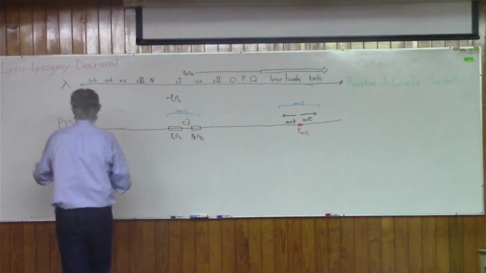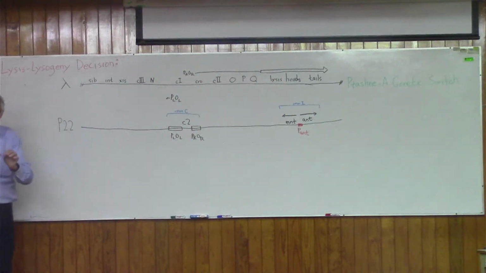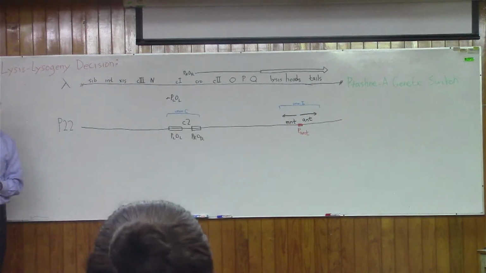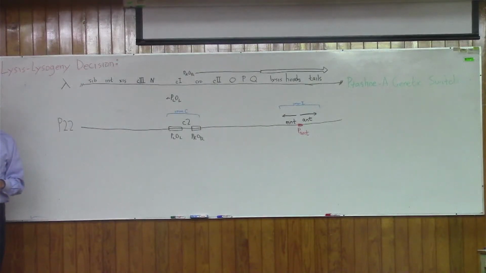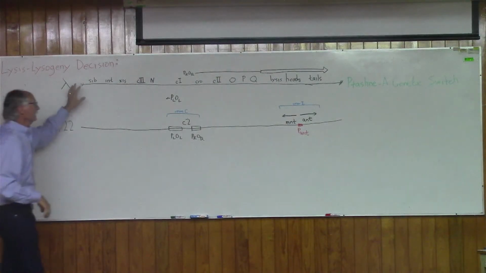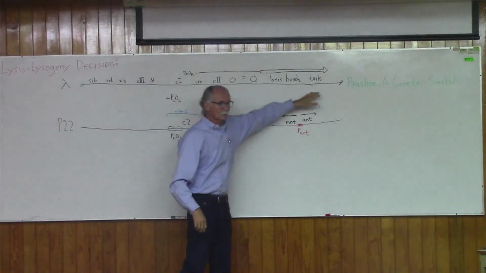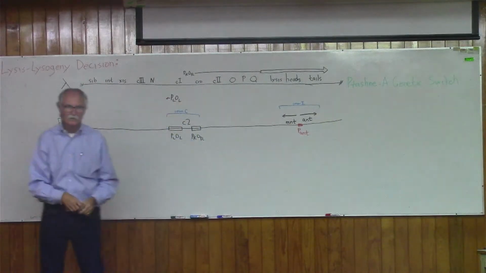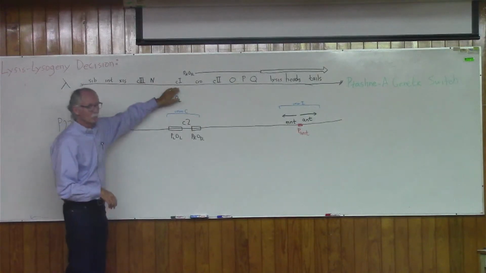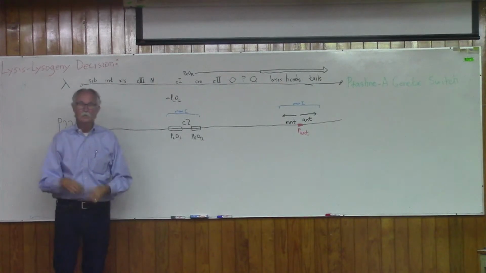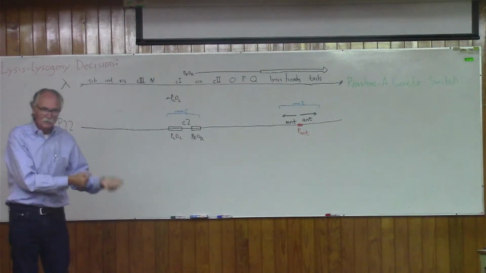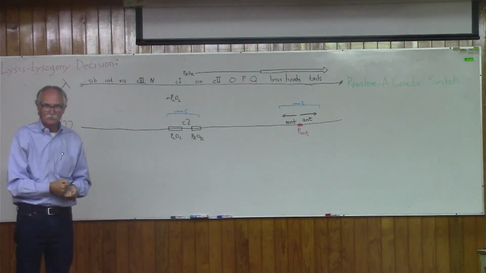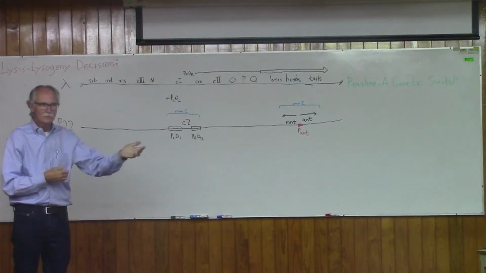The whole system relies on everything you know about the lysis-lysogeny decision of bacteriophage lambda. Everybody's heard of bacteriophage lambda. You remember in bacteriophage lambda there's a set of genes, some of them involved in producing new phage particles, but a series of them are important for the regulation of whether lambda becomes a lysogen and integrates into the chromosome, or whether it lyses the cell and makes new phage.